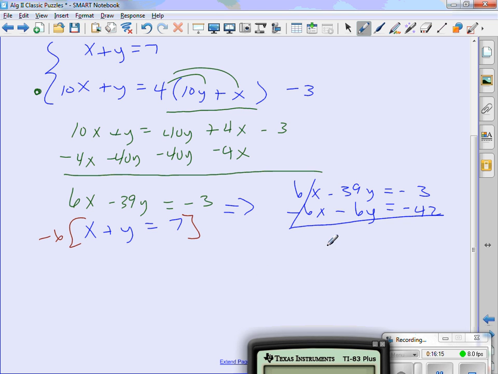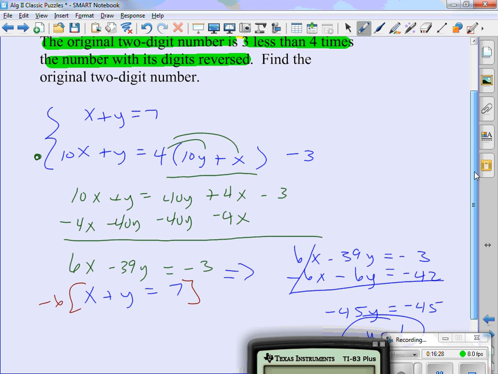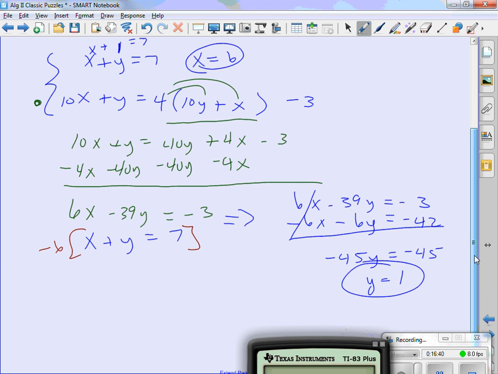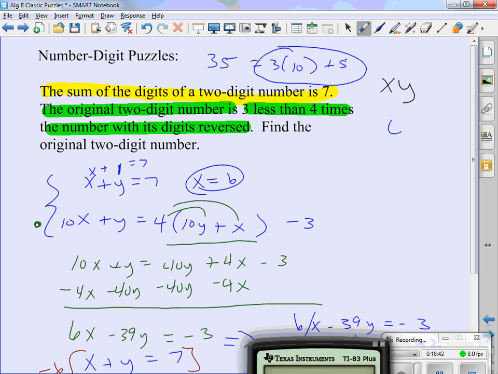I have negative 45y equals negative 45. y is going to be 1. Since y is 1, what does x have to be? If y is 1, x plus 1 is 7, so x has to be 6. So y is 1, x is 6, my number was 61.